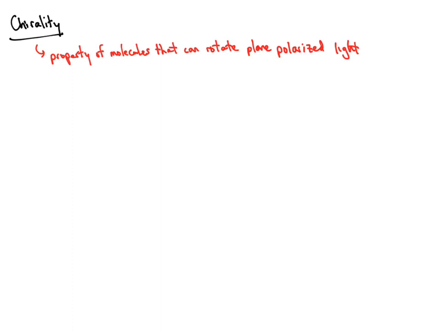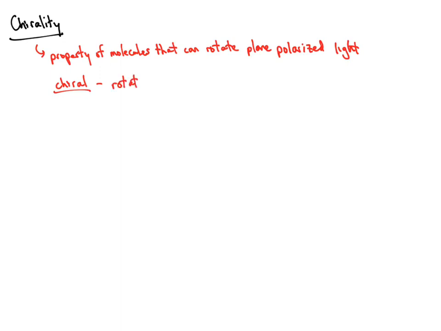The examples of stereoisomers that cannot rotate plane polarized light are the geometric isomers. But a molecule is considered chiral if it can rotate plane polarized light. If it's chiral, it will always possess a non-superimposable mirror image.